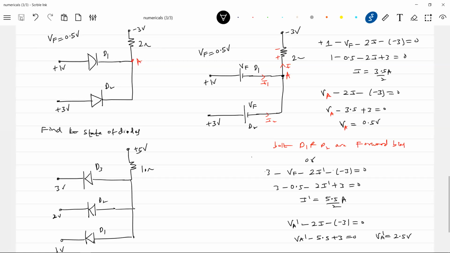The point A is the A dash only, I'm just calling it A dash in this case. So earlier it was 0.5, something we got as an answer and concluded. But here, 2.5 volt is what I'm writing. So 2.5 volt means N is more positive than P. We are getting one reverse bias now, sir. In the first case, we are getting two forward bias. So the first one is more favorable.